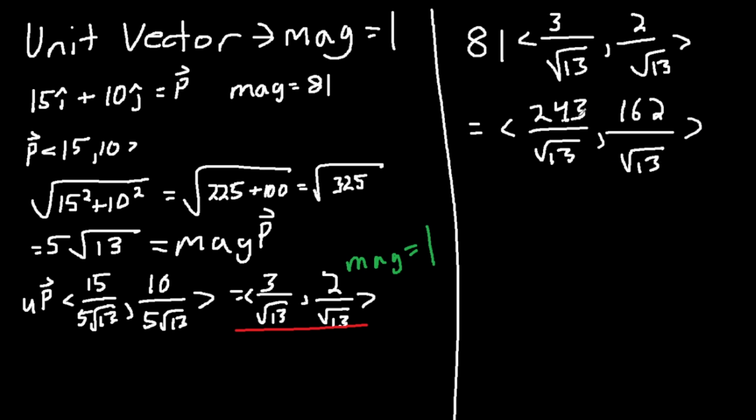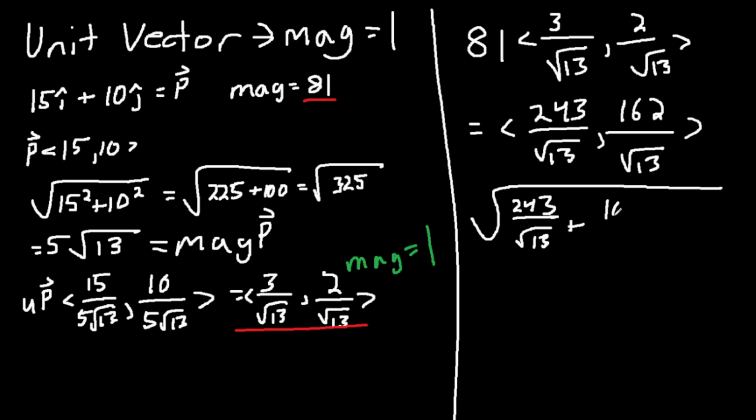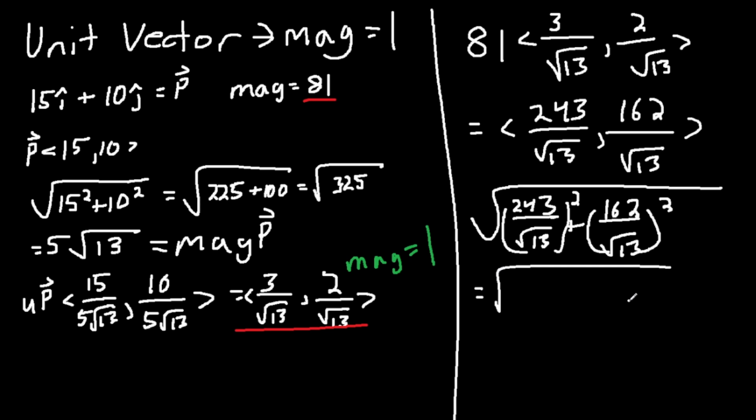Now, if you calculate the magnitude of this, you'll get 81. Let's go ahead and do that real quick. The square root of 243 over square root of 13, squared, plus 162 over square root of 13, squared. Okay, bear with me on these ugly parentheses. I know it's hard to sit through, but I have to sit through them as well.